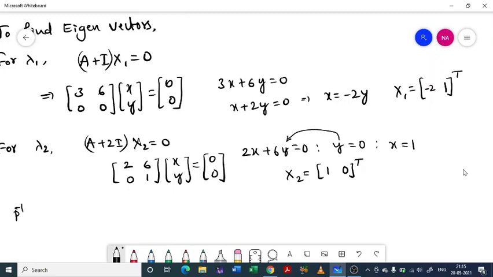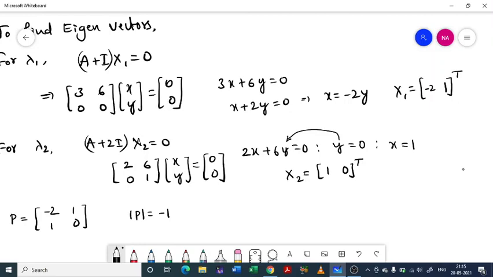So P inverse AP. Oh sorry, we didn't form P, right? So P is [-2 1; 1 0]. And the determinant of P is minus 1.